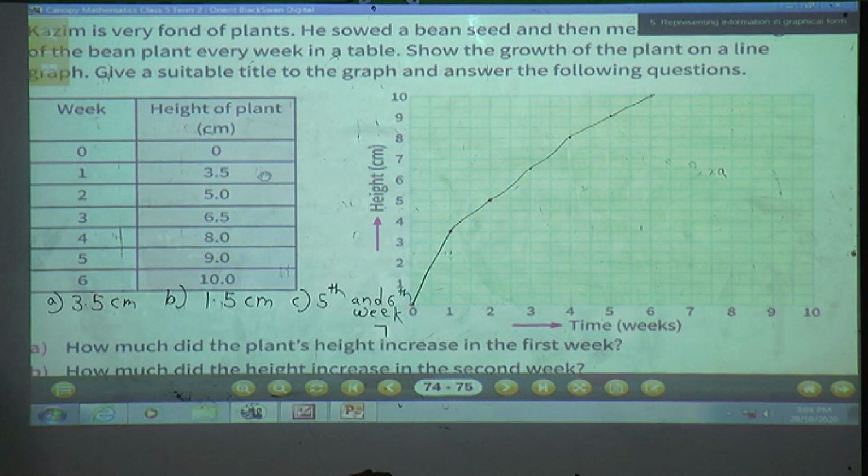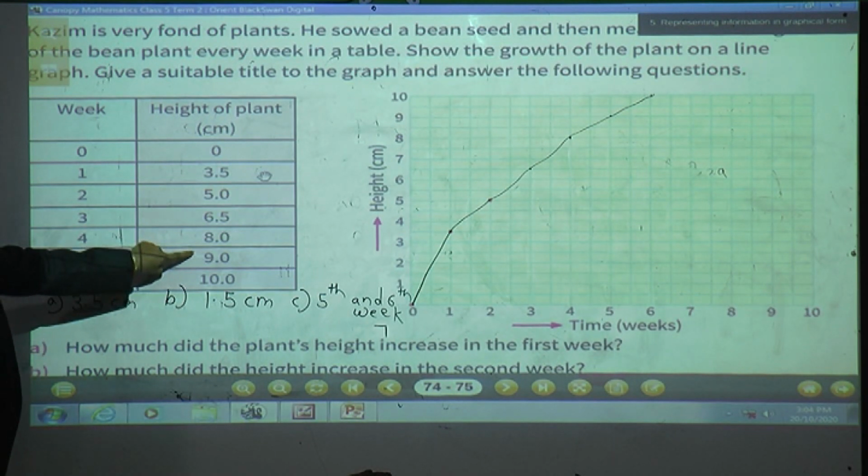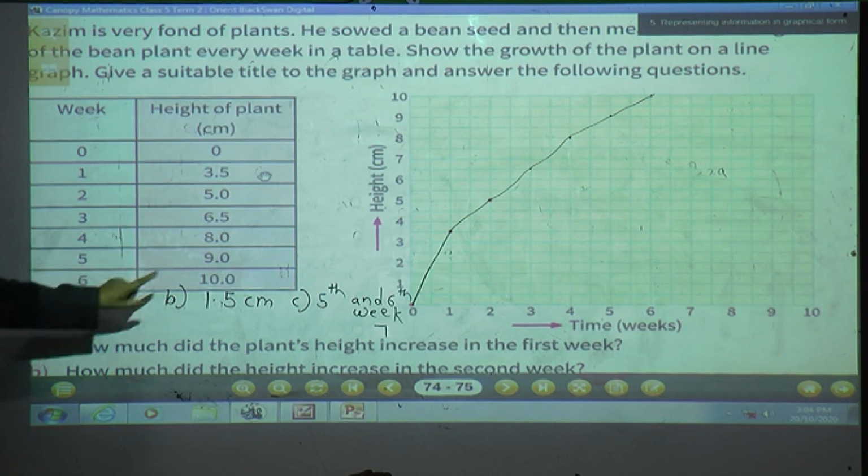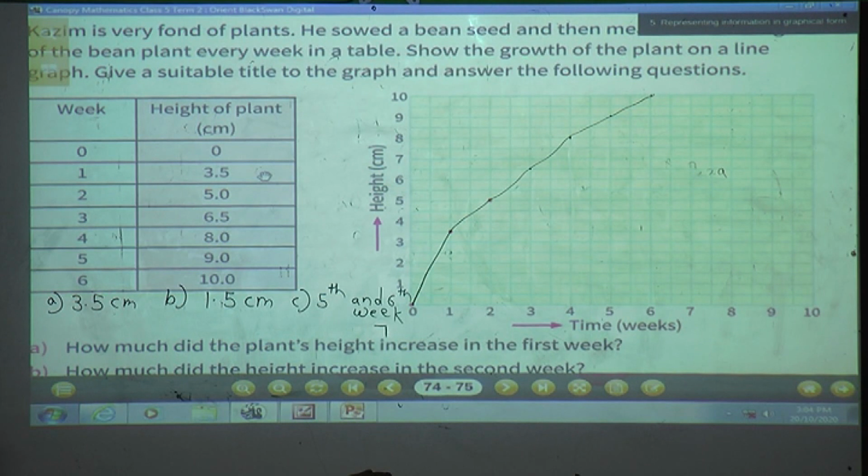Okay. Now B1. Guess the height of the plant after 7 weeks. Here they have given till the 6th week. Now 7th week. Yes, now it is growing at 1 centimeter. So in the 7th week the height will be 11 centimeter. Very good. So in this way you can draw the line graph also and you can answer the questions also.